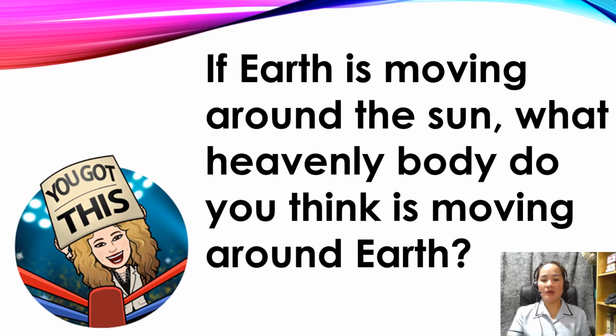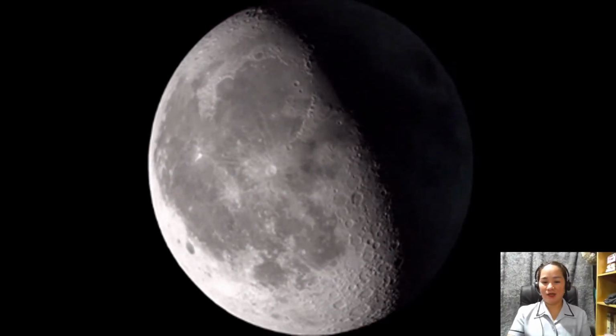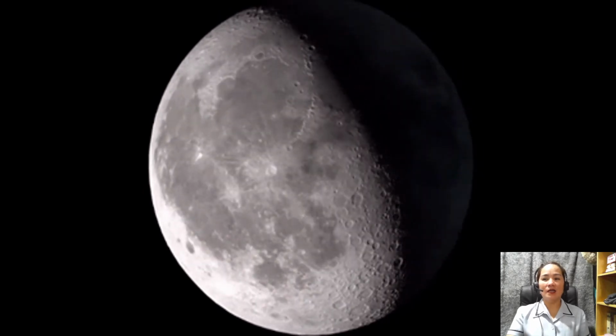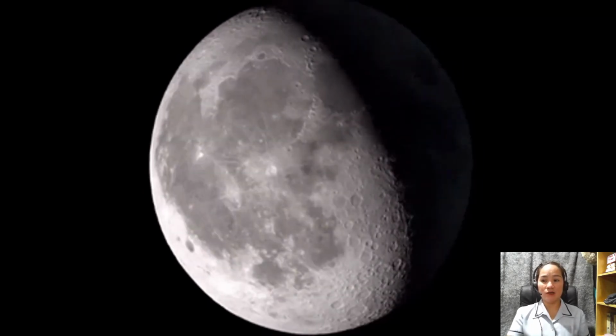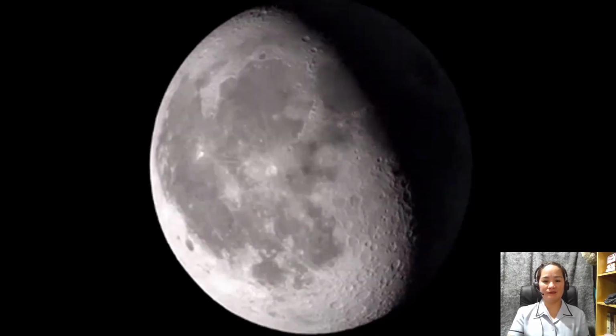If Earth is moving around the Sun, what heavenly body do you think is moving around Earth? That's right, it is the Moon. The Moon is the nearest neighbor in space, much closer to us than the Sun.